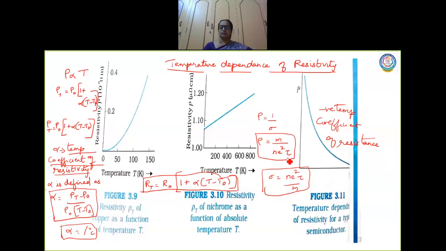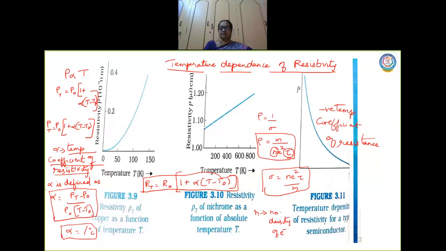So the resistivity of a material has an inverse proportionality with n and also with tau. What is n, children? N is nothing but the number density of electrons per unit volume.